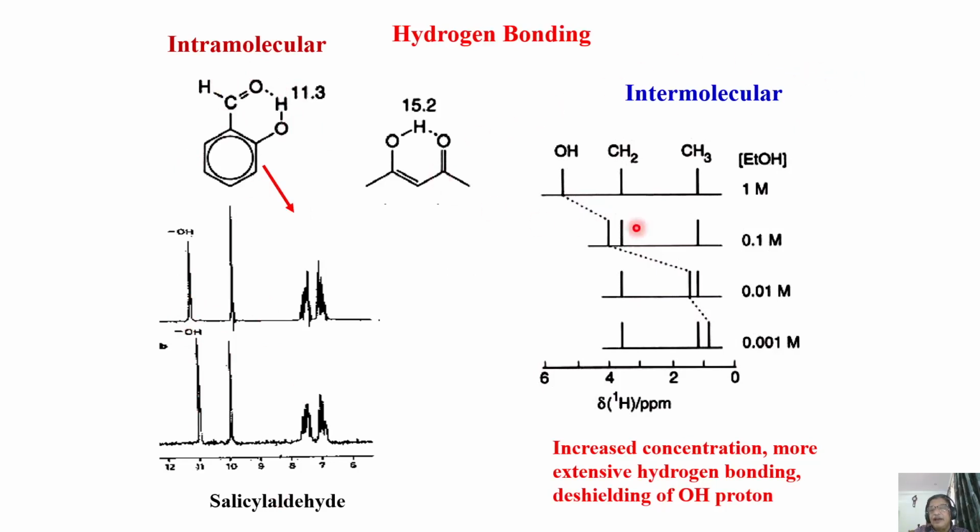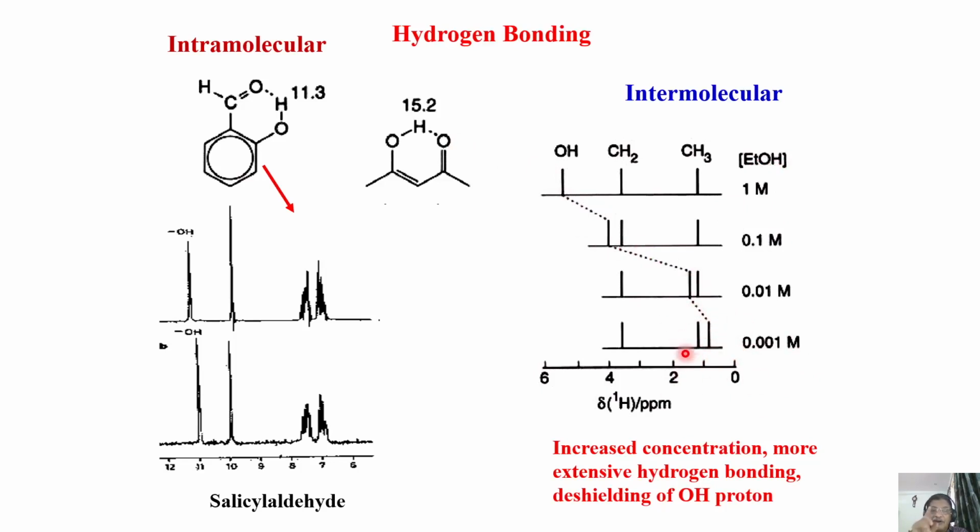Whereas take ethyl alcohol, then what happens? It can form an intermolecular hydrogen bond with itself or with EtOH. As you keep on increasing the concentration of ethyl alcohol from low to high, you see the OH peak was somewhere here, and it comes here. In fact, the OH peak was going beyond CH3.